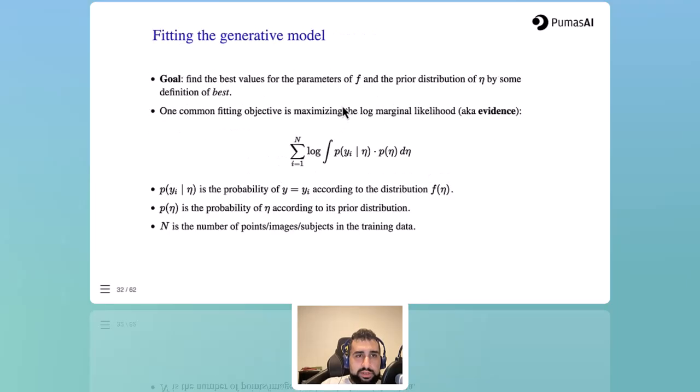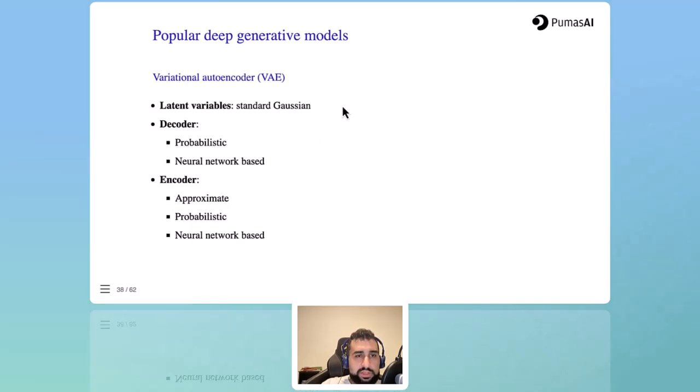Good. So going back to the previous slide on VAEs, we said that the decoder is probabilistic, so it outputs a distribution, most commonly a normal distribution, but not necessarily, and it's neural network based, meaning the parameters of that distribution are the output of a neural network, and the parameters of the neural network are the things that we need to optimize when fitting the model.